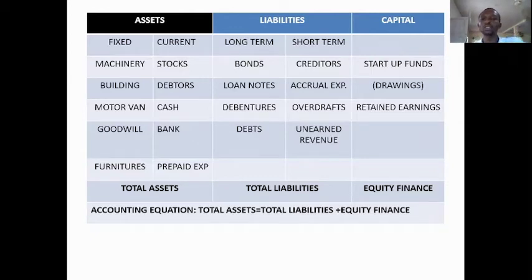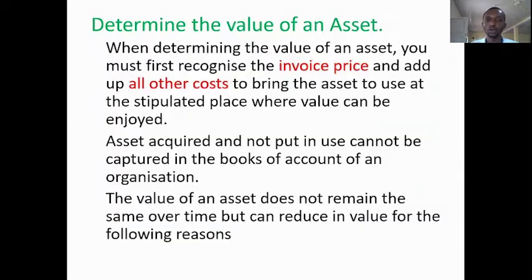When you add up this side and that side, they must be equal, because whatever you raise from investors, from your contribution, from your borrowings, from the ones you get to pay, when you put all of them together, they should be able to form your asset. So let your asset be able to finance all of this debt. They must be equal. One side should not be more than the other side. Is that okay? All right.